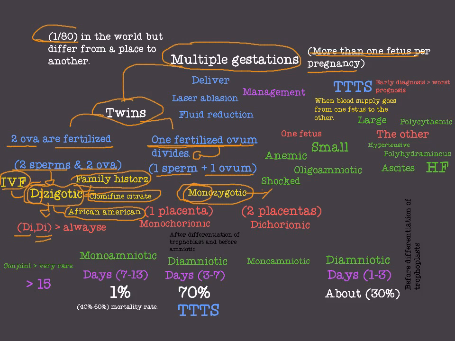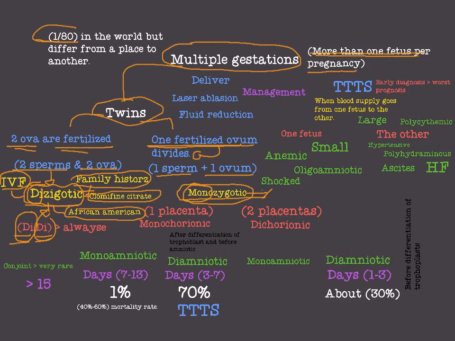Diamniotic means that each baby has his own amniotic sac. So in dizygotic babies, resulting from two ova and two sperms, we will always have two placentas and two amniotic sacs.